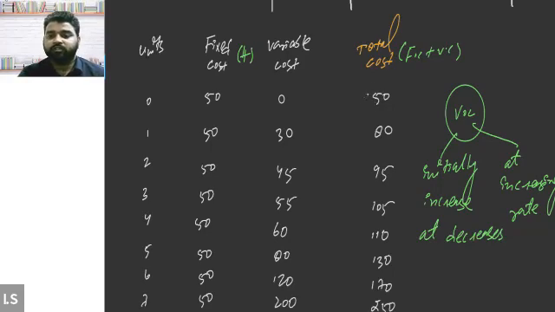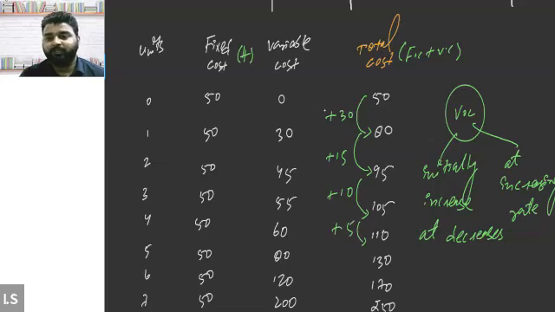So total cost initially goes from 50 to 80. So it increases by only 30. From 80 it increases to 95. That means it increases by only 15 rupees. Then from 95 it increases to 105. That means it increases only by 10 rupees. And then from 105 to 110, that means it increases this time only by 5 rupees.